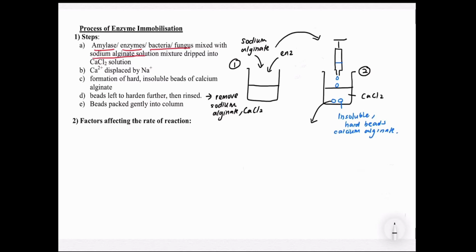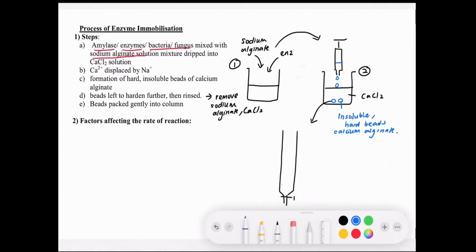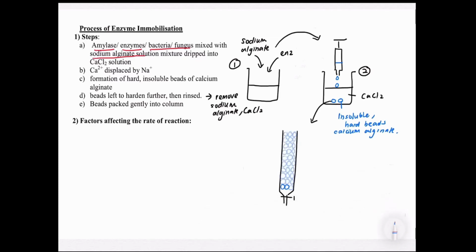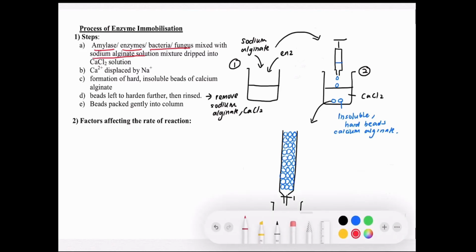Then we are going to pack all these beads into a column, usually a burette in our lab. We pack the beads closely. When the packing is done, we can prepare a beaker to collect the product, and we can start pouring in the substrate.